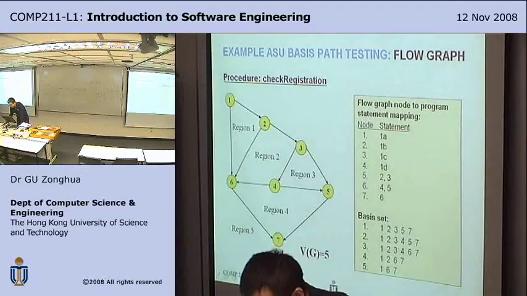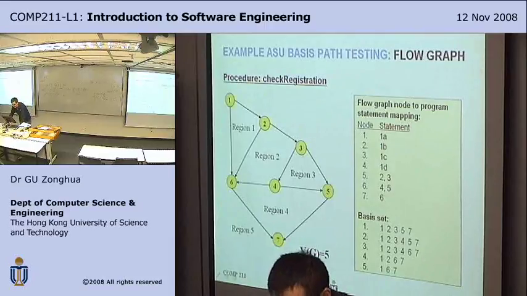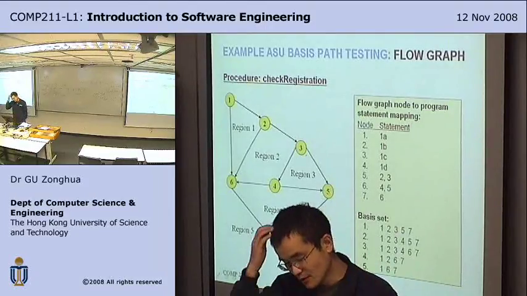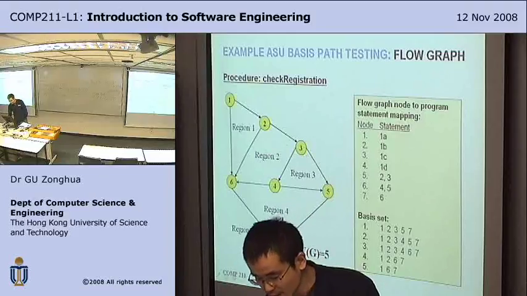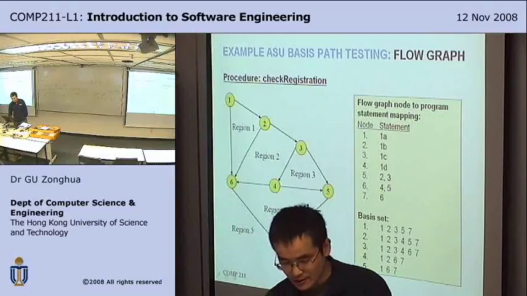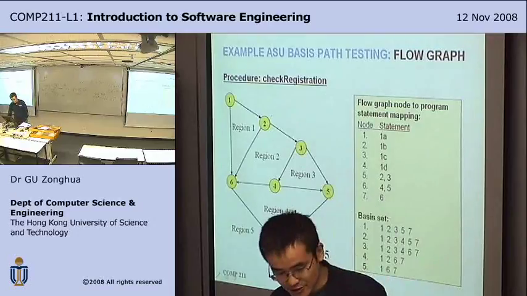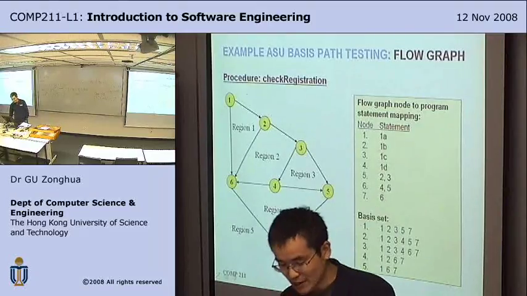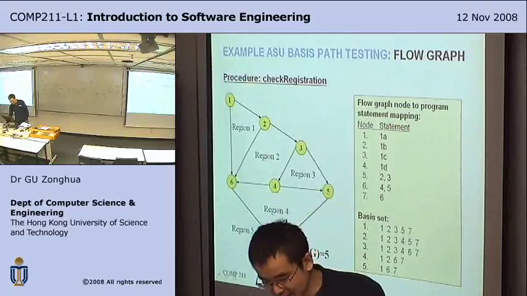So each basis path represents one possible different decision on the decision nodes. You can find out which nodes are the conditional testing decision nodes by looking at how many outgoing branches it has.